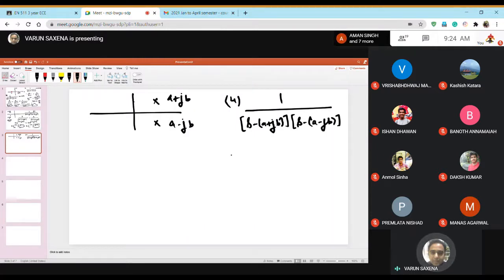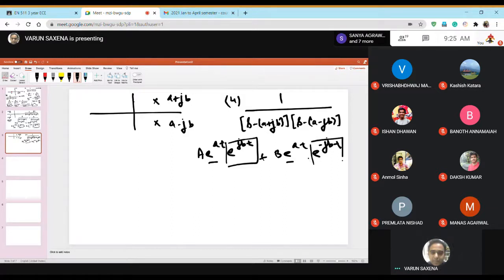So this will give you a function of the form a e to the power at e to the power jbt plus b e to the power at e to the power minus jbt. So now this is increasing, this is increasing. We don't really need to worry about this and this because they are anyways bounded. So this is going to be unstable because this is going to grow e to the power at. So this is unstable.